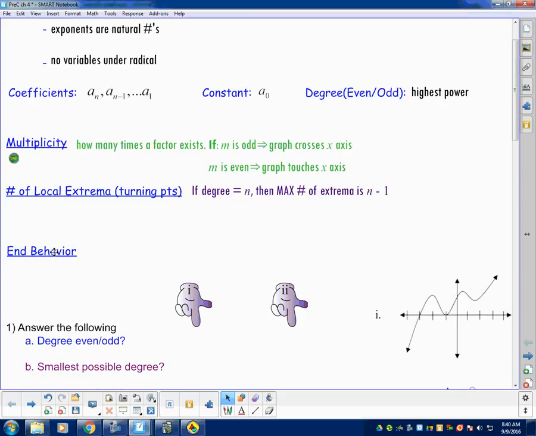One more thing here, end behavior. As the absolute value of x gets large, the polynomial resembles the graph of the highest term.